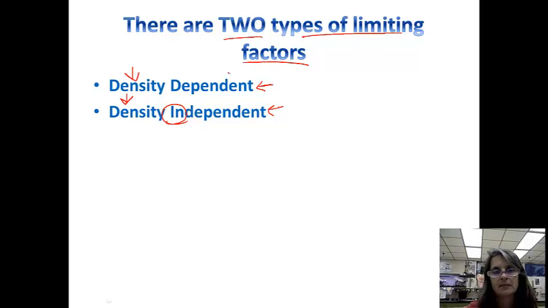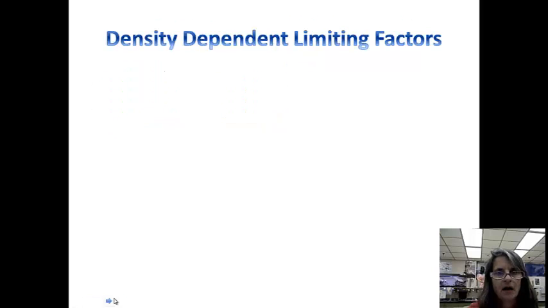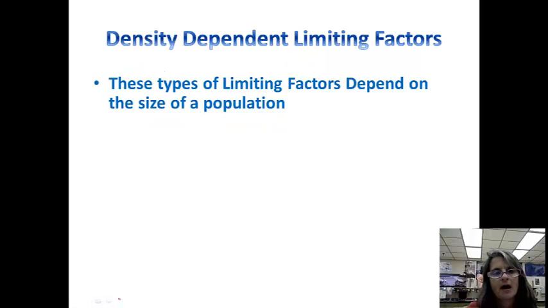In one of these limiting factors, density plays a big role, and in the other limiting factor, it does not play a big role. So the size of the population is a big factor in density-dependent limiting factors, okay?